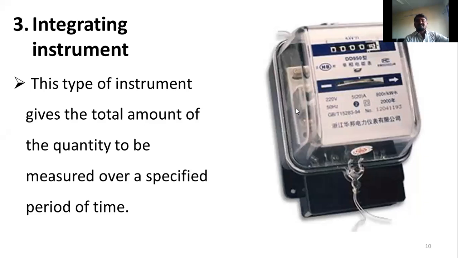Watt. The unit of energy is the joule, but in this case we are going to call it kilowatt hour. Hour means it is time only. Power into time is called kilowatt hour. So kilowatt with respect to time is called energy.